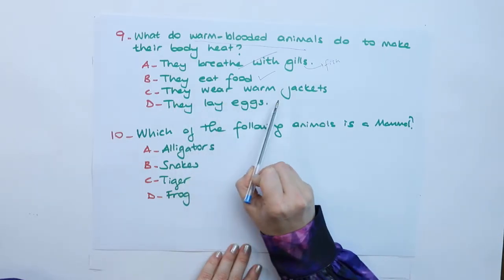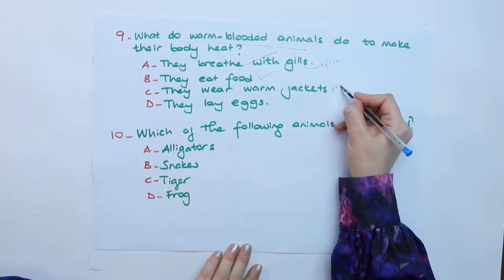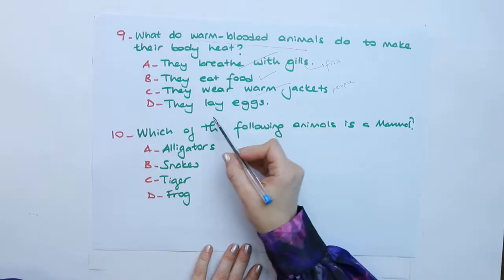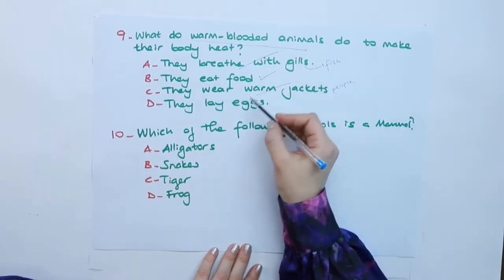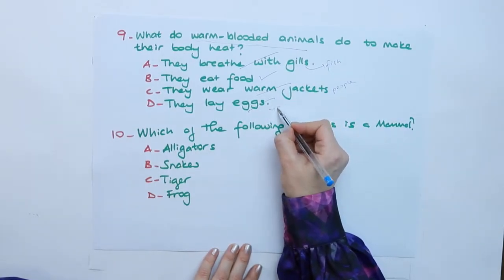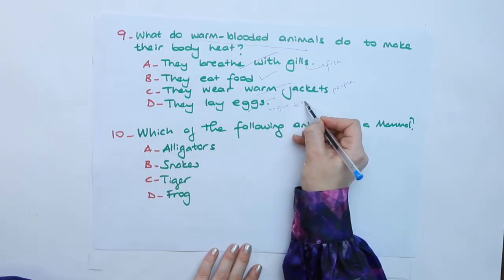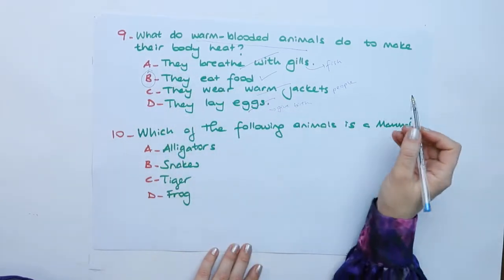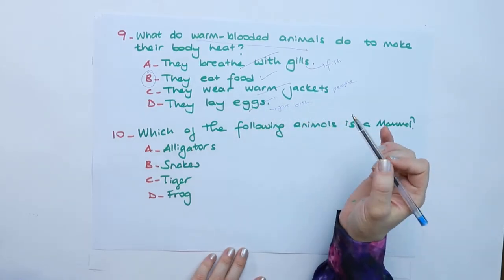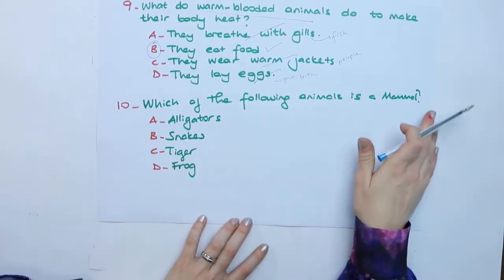They wear warm jackets, but only people wear warm jackets, so this is not an option. They lay eggs. Warm-blooded animals don't lay eggs, they give birth. So I'm going to choose they eat food for the 9th question.